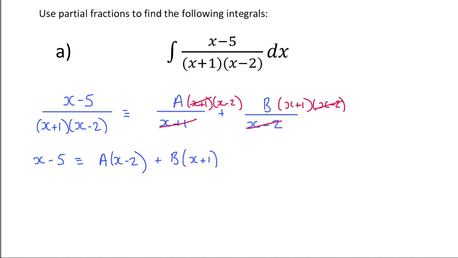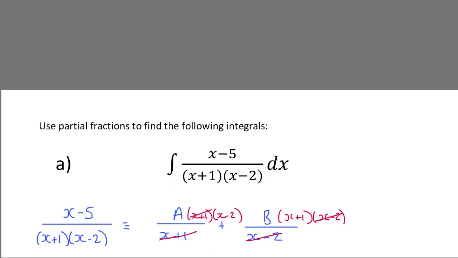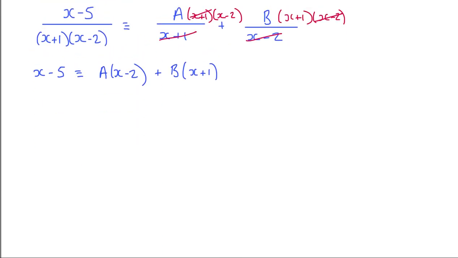Now, because this is an identity, that means it's true for all values of x. So we can choose a value of x to look at what happens to the left hand side and the right hand side, because that's going to need to be equal. So if we, for example, let x equal 2, and I've chosen x equals 2 because this term will disappear because the bracket will be worth 0.